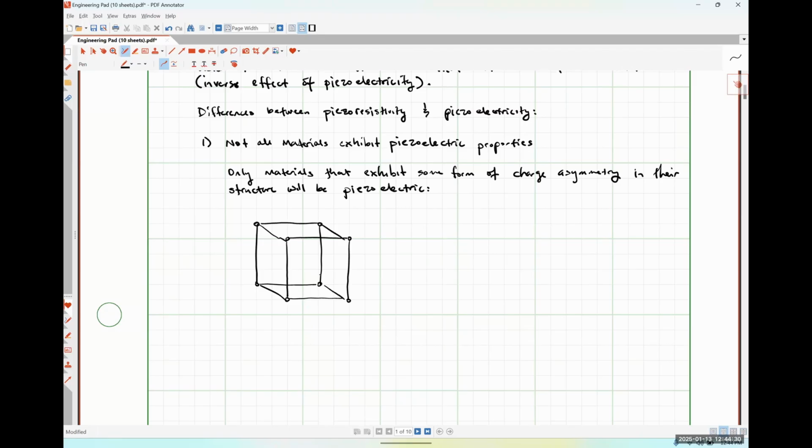And now I'm going to attempt to draw one here in the center, with some diagonal lines depicting that it is in the center of all of those diagonals, okay? So this particular crystalline structure, which is very common, is not piezoelectric because it is literally symmetrical regardless of which way we rotate the cube, okay? So this is a very common thing.